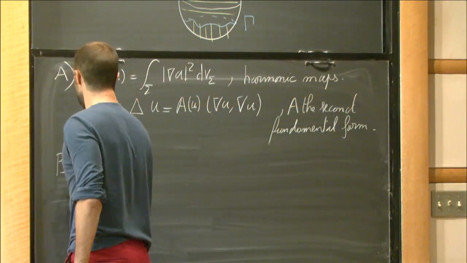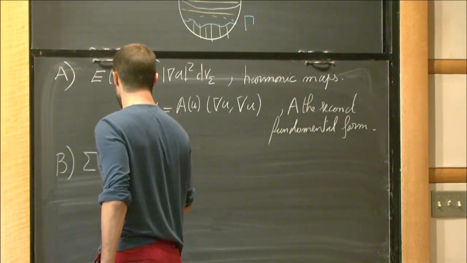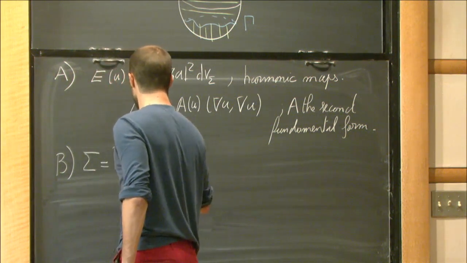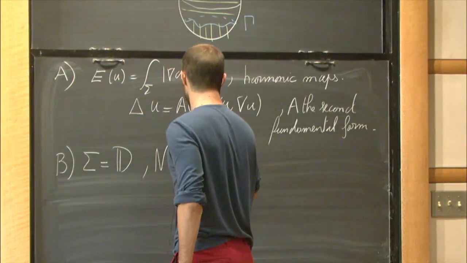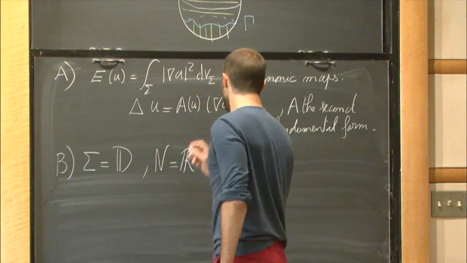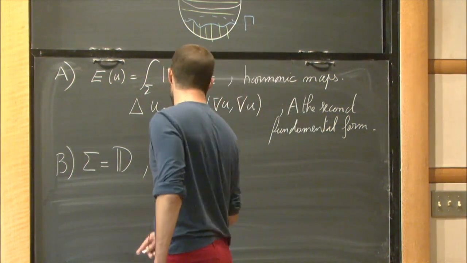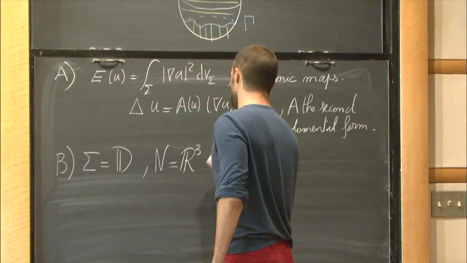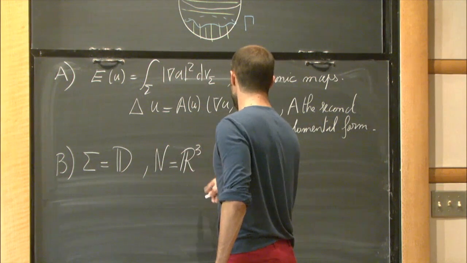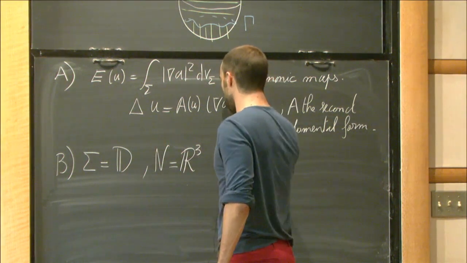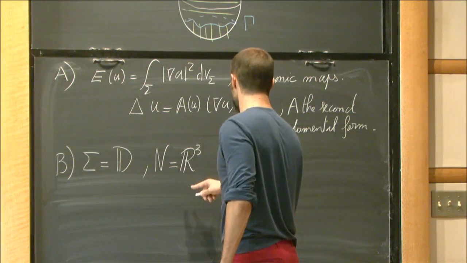The second example is a generalization of the one we spoke about before. So we consider the disk, the target being R3. R3 is not closed, but it's not a problem here. For harmonic maps, it has to be closed for the rest of the talk, but not for the CMC equation.